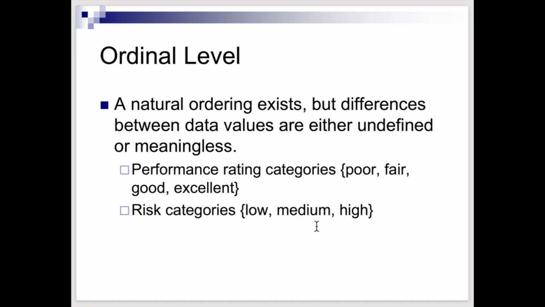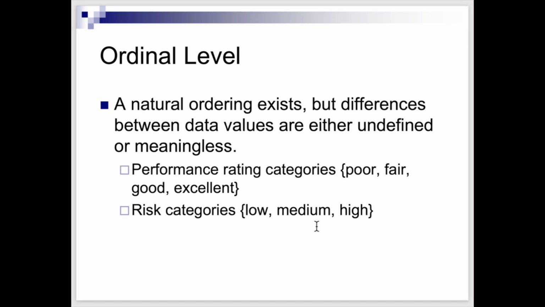Now, the next higher level of data is ordinal level data, and with ordinal level data, you could certainly use that to identify and categorize, but it has the additional property that a natural ordering does exist. However, the differences between data values are either undefined or meaningless.